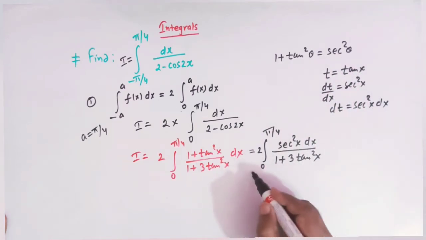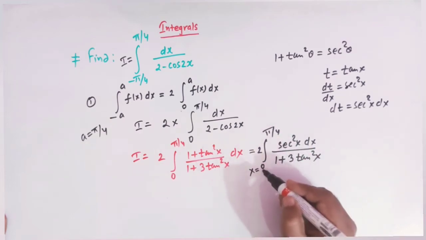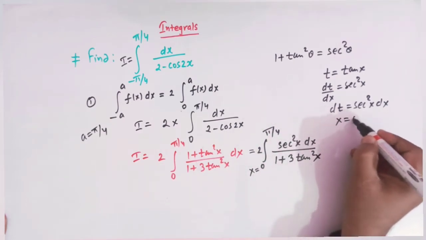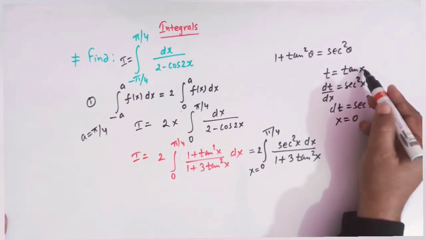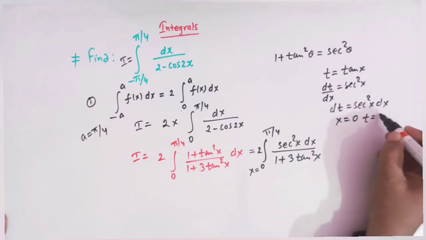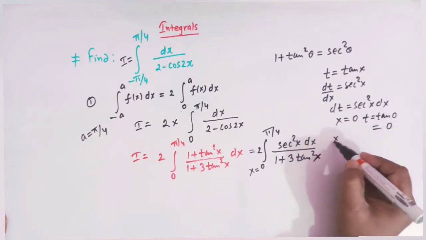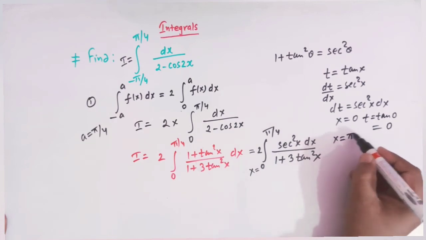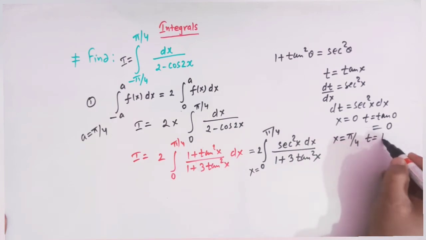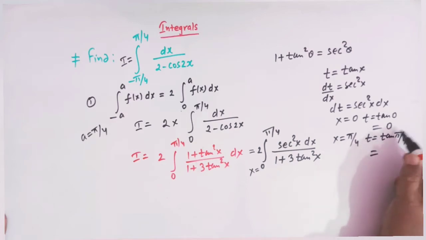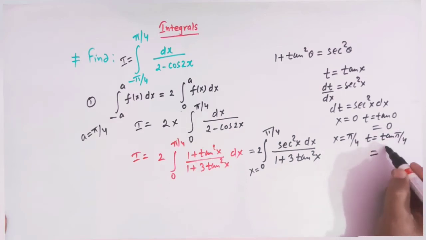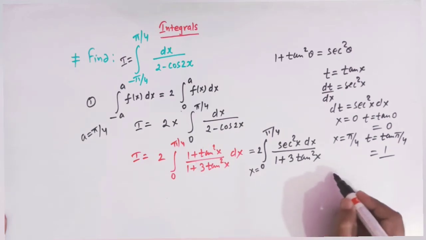And now here x varies from 0 to pi by 4. So when x is equal to 0, then t is equal to tan of 0, that is 0, right? When x is pi by 4, then t is equal to tan of pi by 4, that is tan of 45 degrees, which is equal to 1, right?